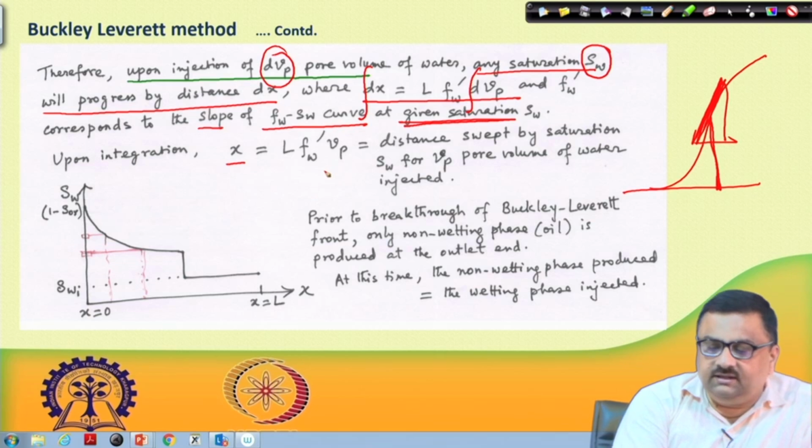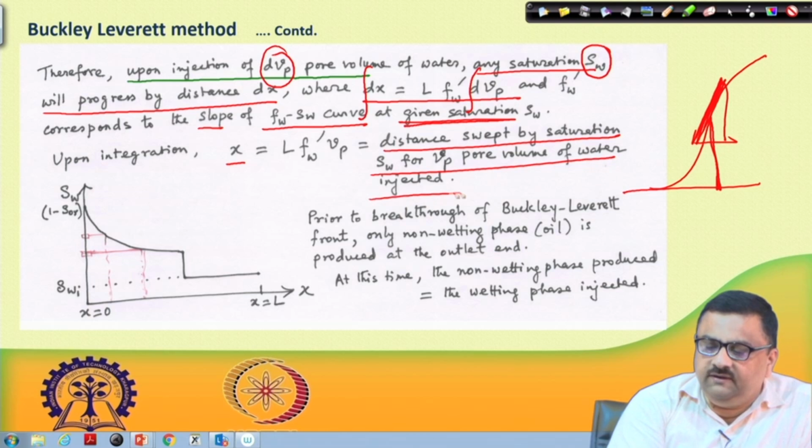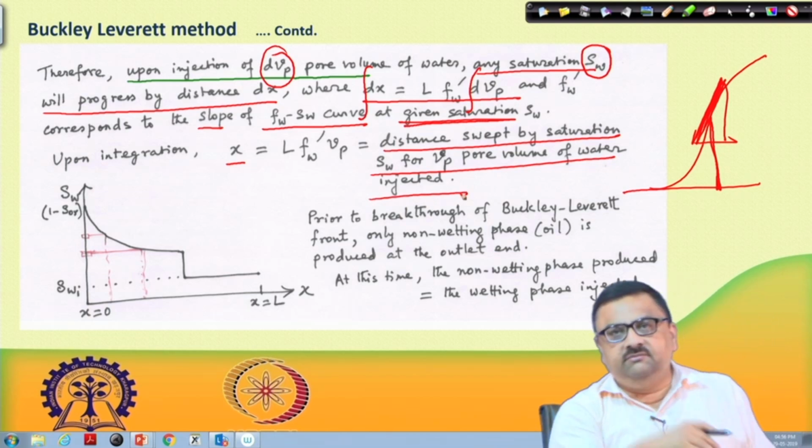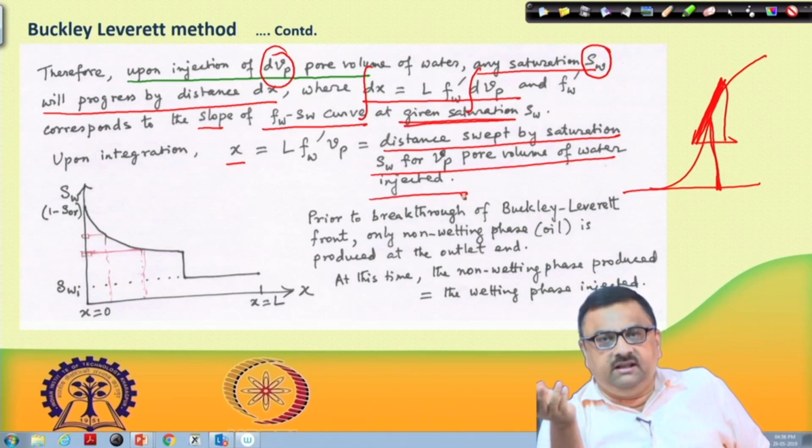So, what do we get upon integration? Distance swept by saturation Sw for Vp pore volumes of water injected. We are talking about dVp, now we have integrated it, now we are talking about a finite volume.